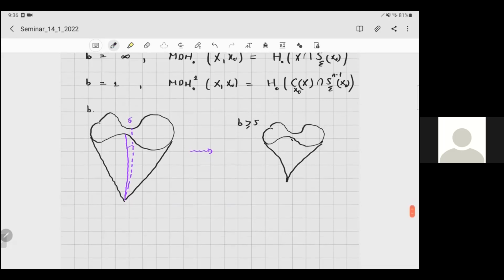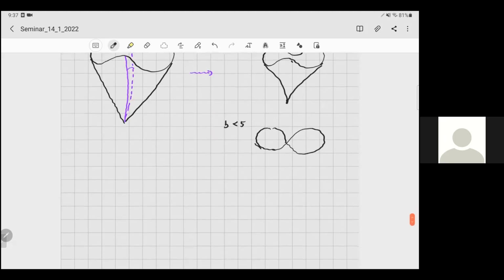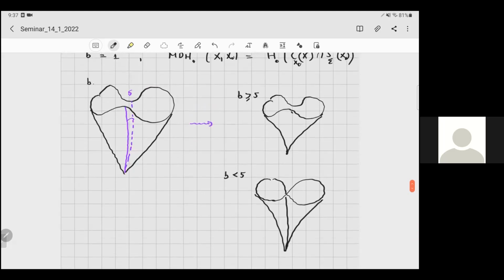But if b is smaller than 5, the middle one is collapsing, so my set will look like this. Then the homology means I capture the homology of the link after collapsing. So you have the feeling, right?